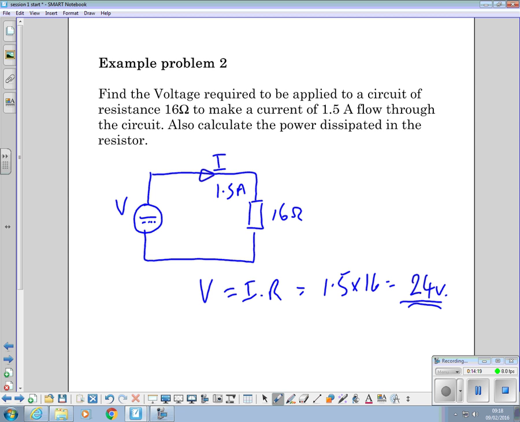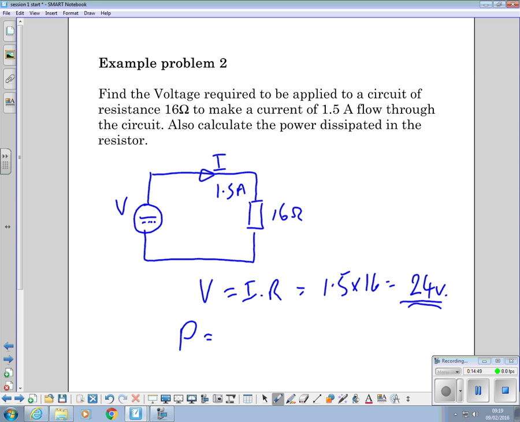If you get an answer wrong but then use the result in a later question, you can't be penalised twice. I have to work out whether you got it right with the wrong figure in the first place, because you don't get penalised twice for the same mistake. So that's the way to do it. And then next part, power.